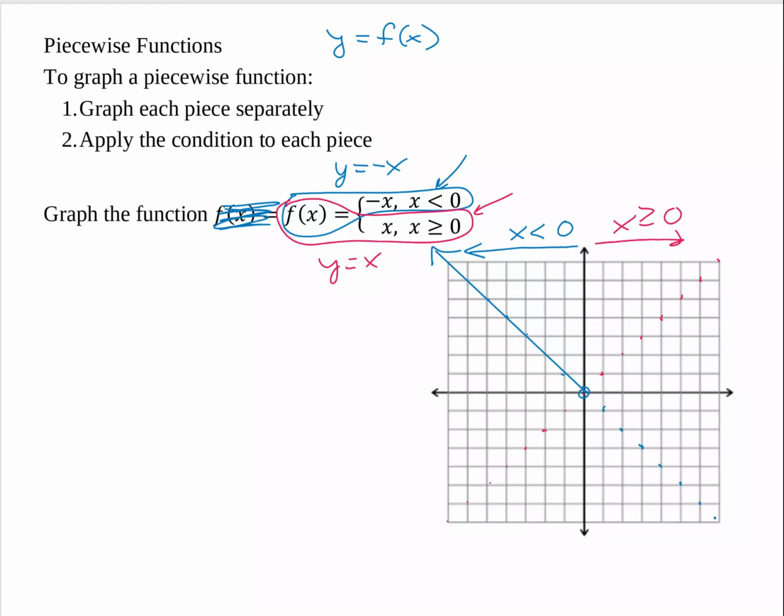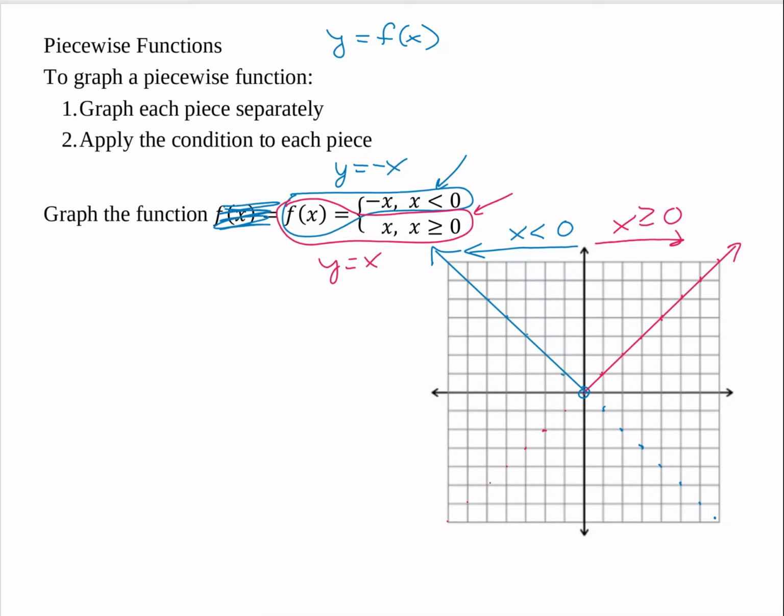And then all of the x-coordinates to the right of 0 will get graphed. So I will start drawing my line at 0 and go to the right. Not up or down, to the right.